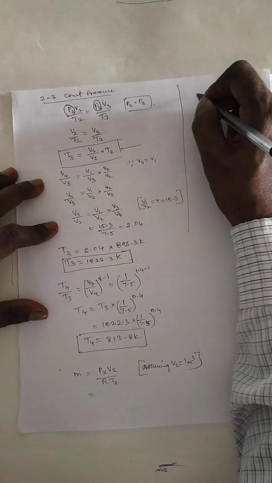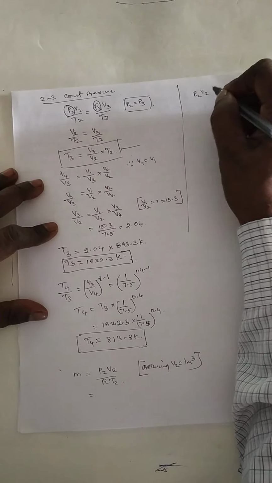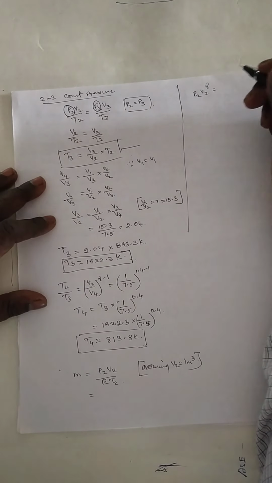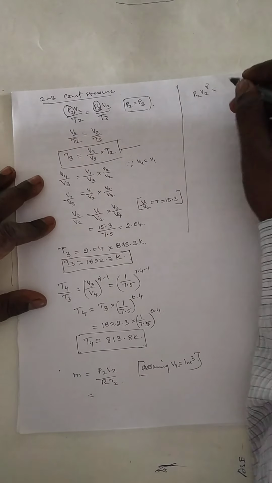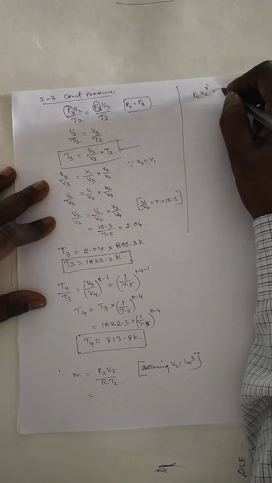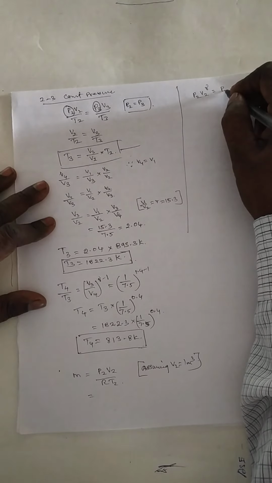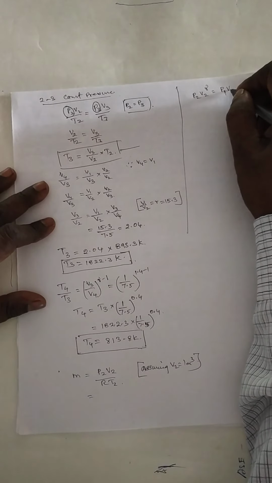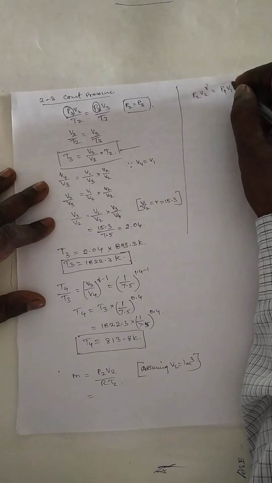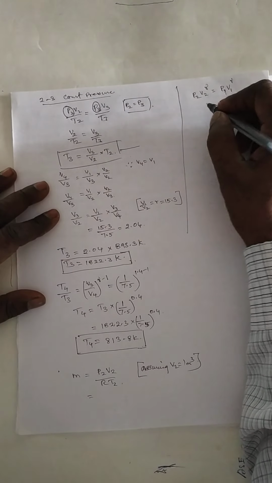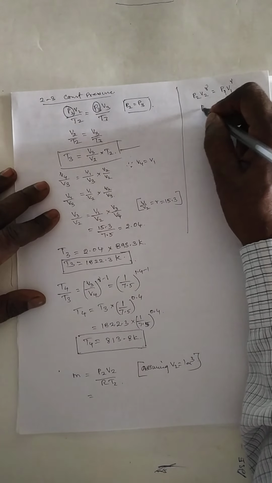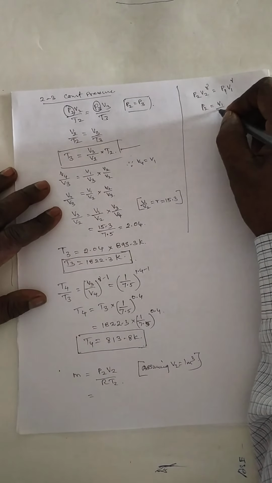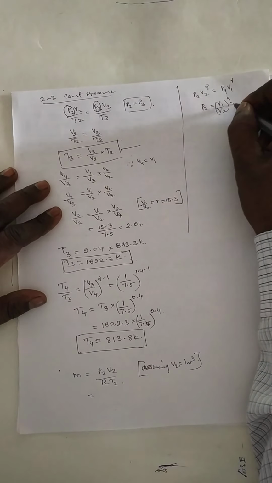We can calculate P2 as P2 V2 to the power of gamma is equal to P1 V1 to the power of gamma. So here P2 is equal to V1 by V2 to the power of gamma into P1.